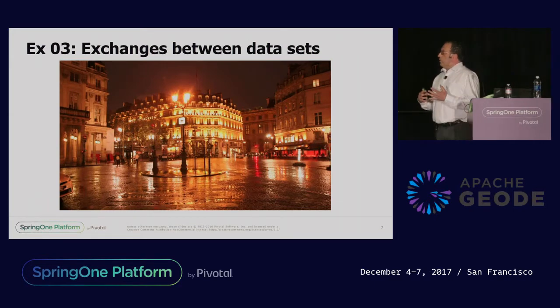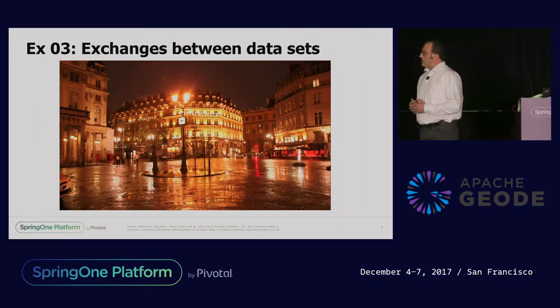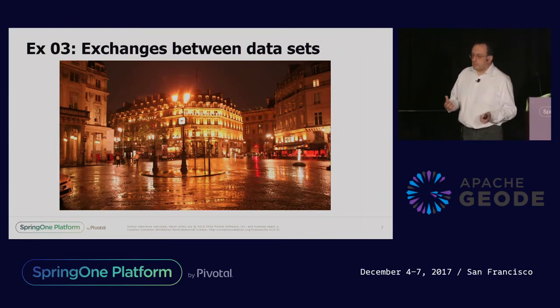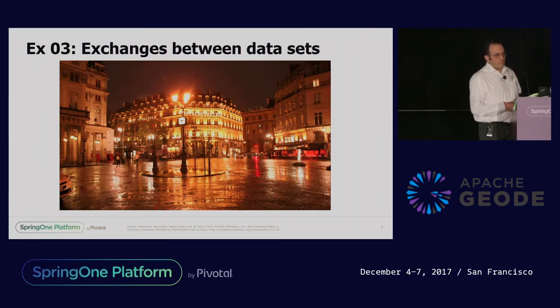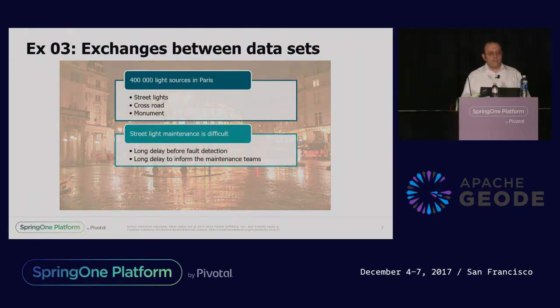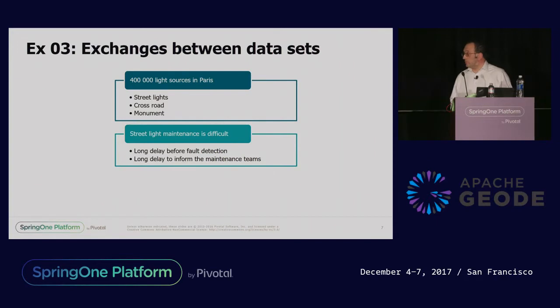Another example is when you want to make some exchange between data sets. I don't know if you had the opportunity to stay a night in Paris, but in Paris you have a lot of light sources. We evaluate that in Paris we have more than 400,000 light sources, and you can understand it's a bit difficult to manage and see if each source is working or not.